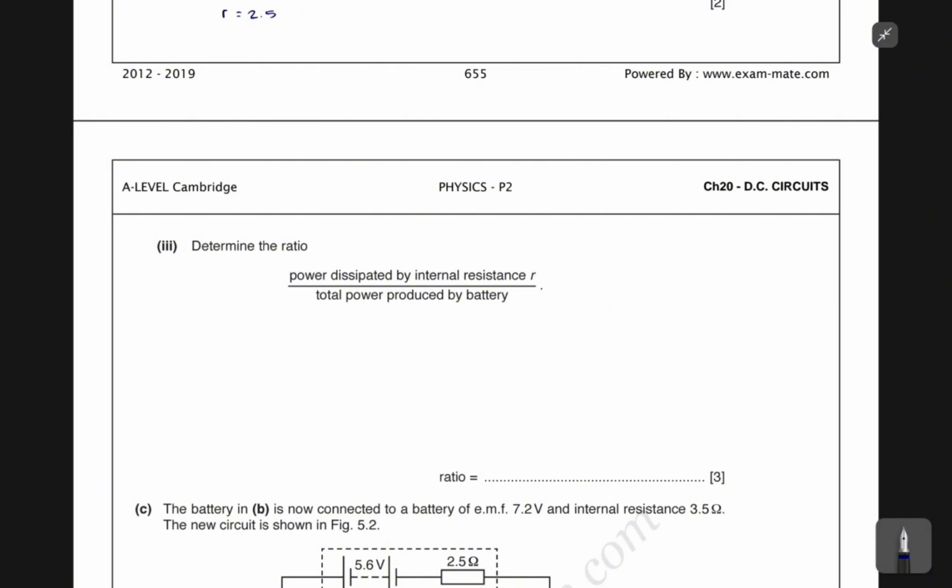Determine the ratio of power dissipated by internal resistance r per total power produced by battery.